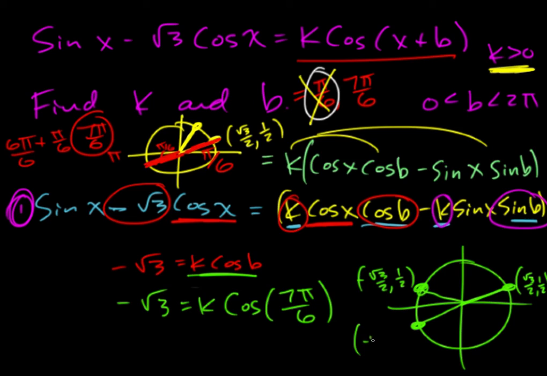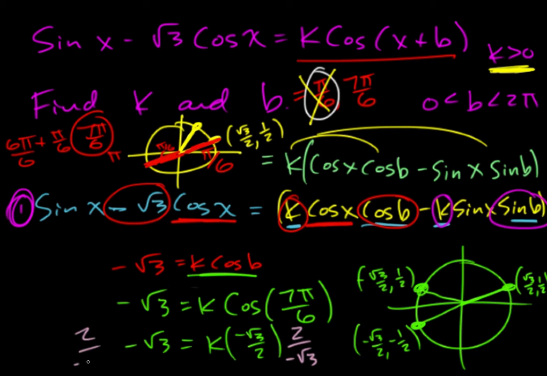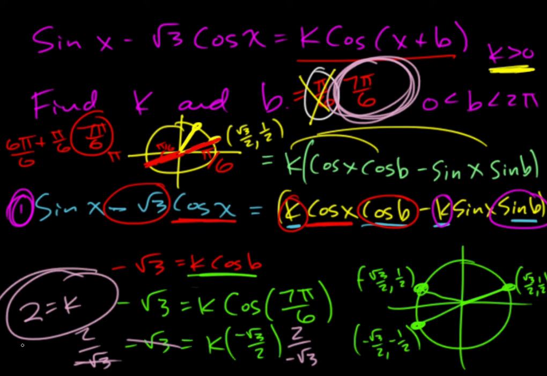And down here would be negative square root of 3 halves, negative 1/2. So the x value is going to be negative, so k times negative square root of 3 halves. Then we multiply by the reciprocal. These cancel, and we're left with a positive 2 for k, and so we have our two answers. k is equal to 2, and b is equal to 7 pi 6.